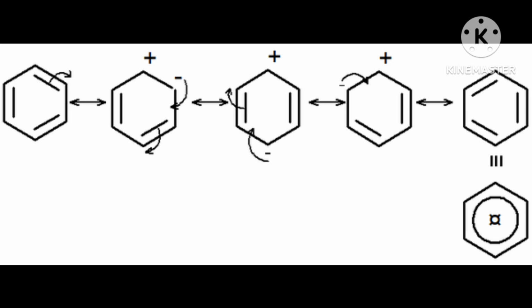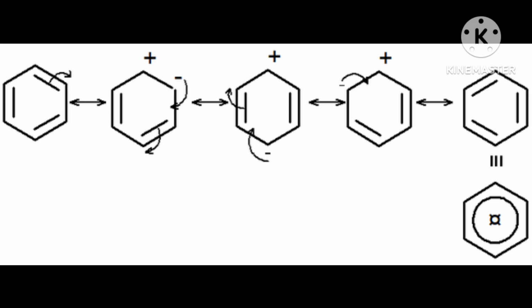Second, complete delocalization of pi electrons in the ring. Meaning in any ring, if electrons are delocalized, not fixed but moving, then it can show aromaticity.